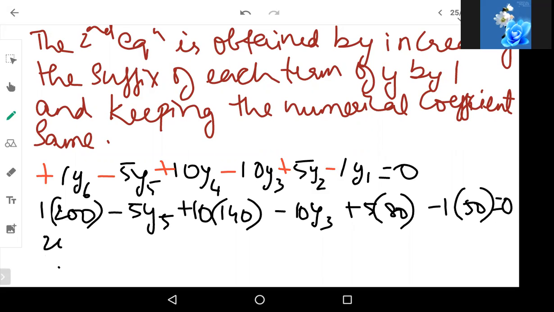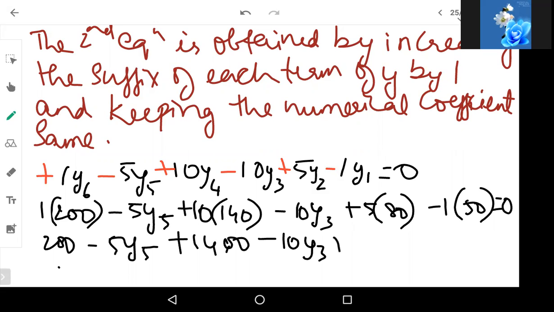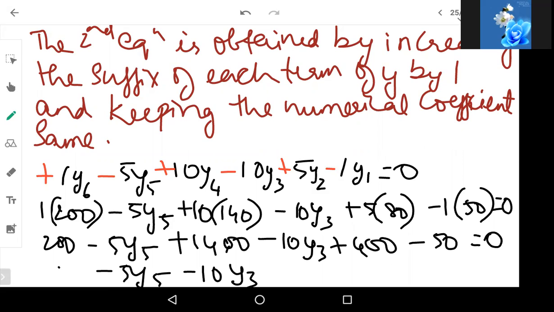So 200 minus 5y5 plus 1400 minus 10y3 plus 5 into 80 is 400 minus 50 is equal to 0. So minus 5y5 minus 10y3, when you add and subtract the numbers, you get plus 1950 is equal to 0.